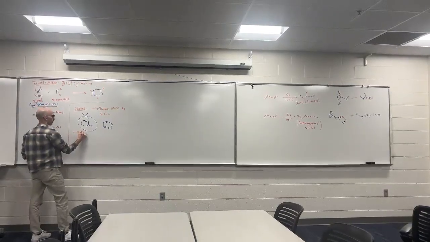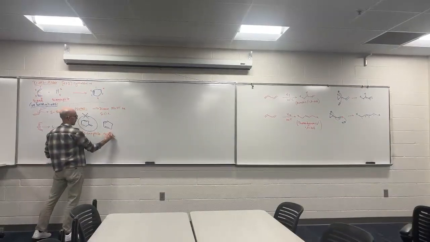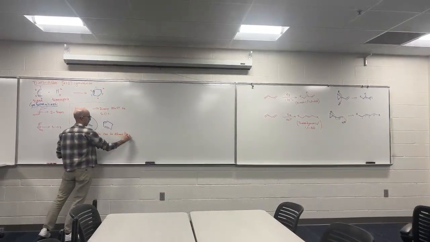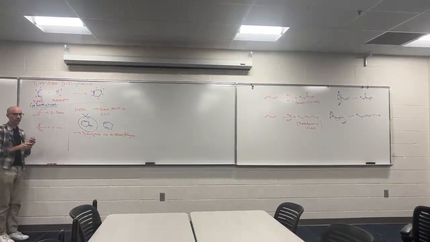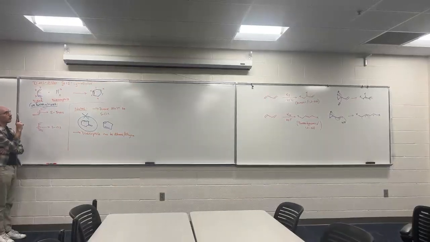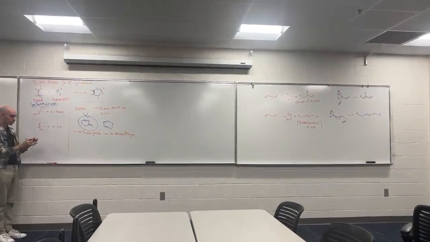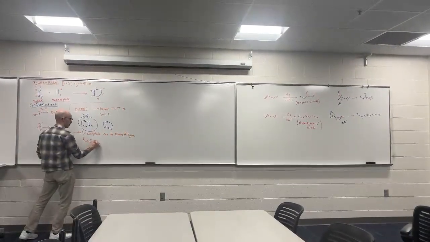Some other things to know. The dienophile can be an alkene or an alkyne. And the thing to note is, regardless of the functional group, 1 degree of unsaturation is consumed. 1 pi bond is consumed.